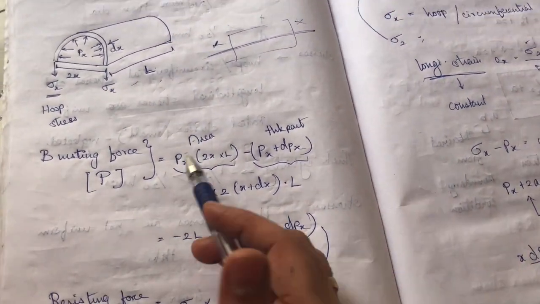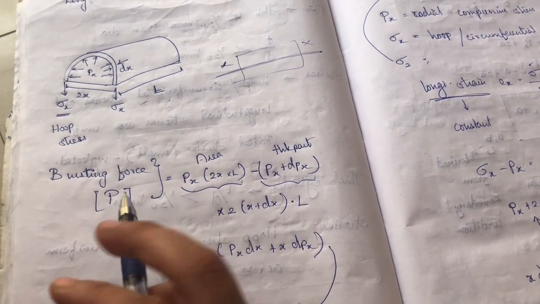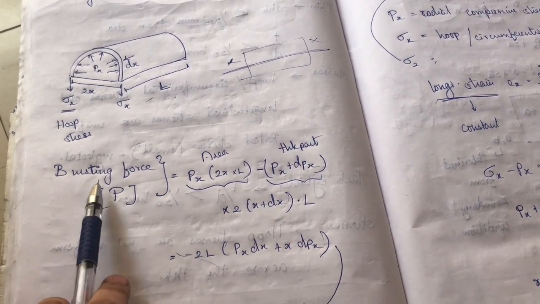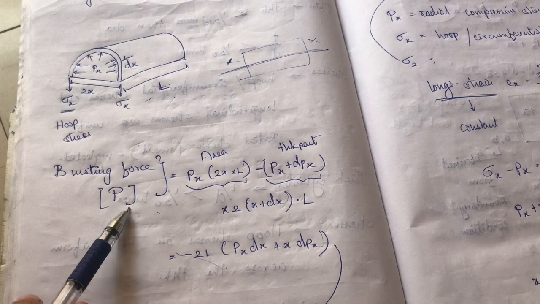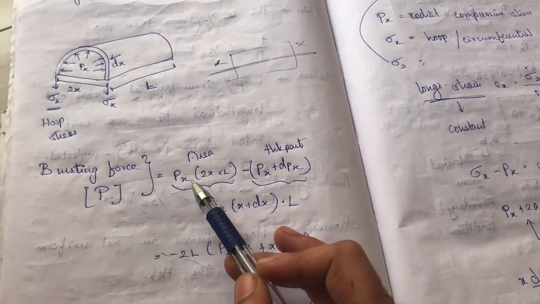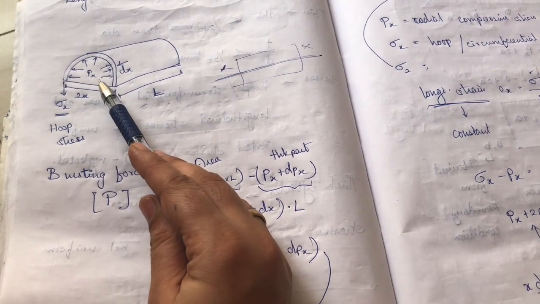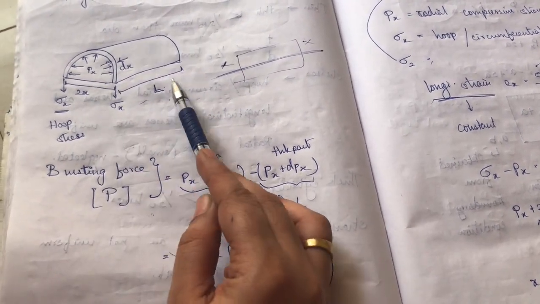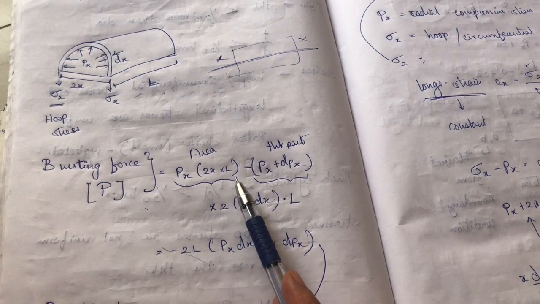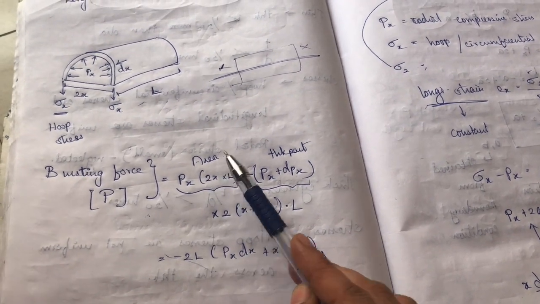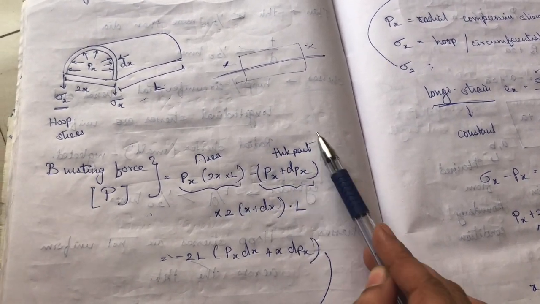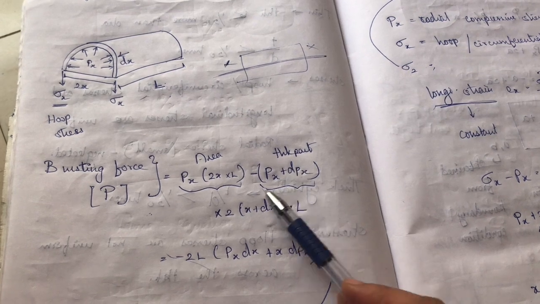Okay, so coming back to the bursting stress, we are going to find two things, hoop stress and the bursting force. Bursting force will be equal to Px into 2x into L. So this is the pressure into the whole area, minus the thickness part alone.